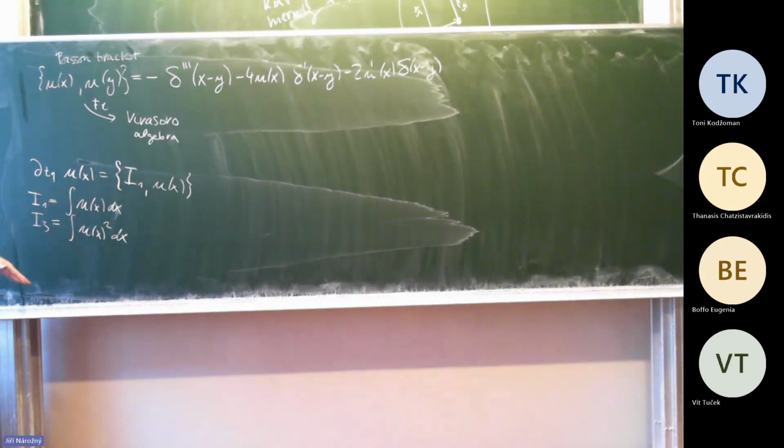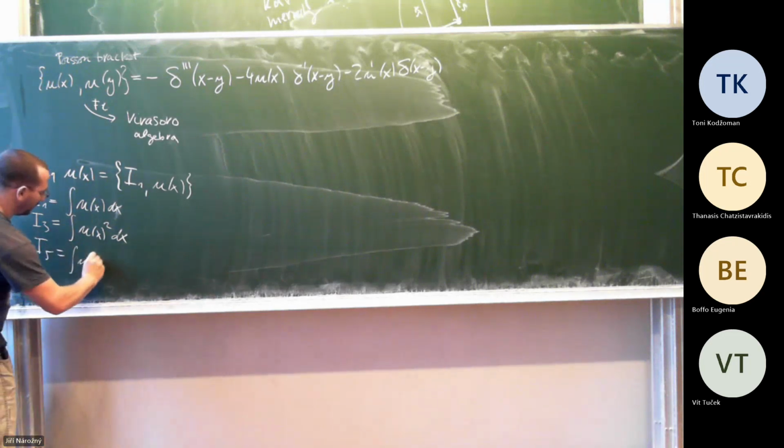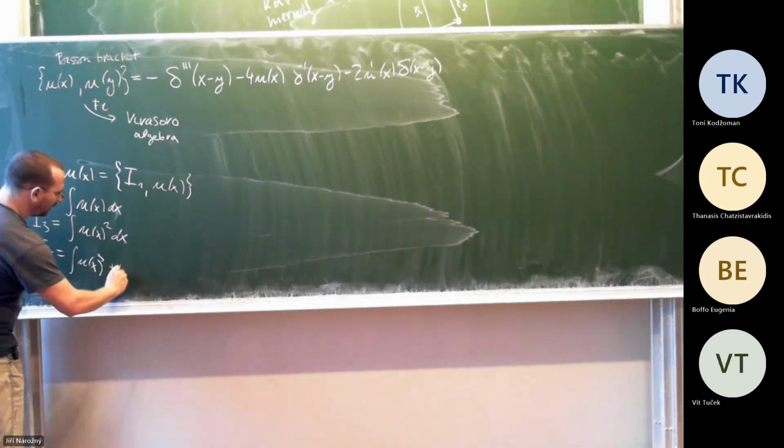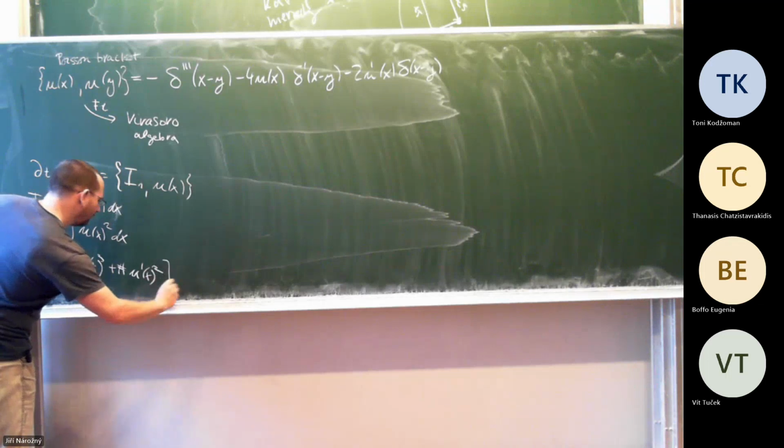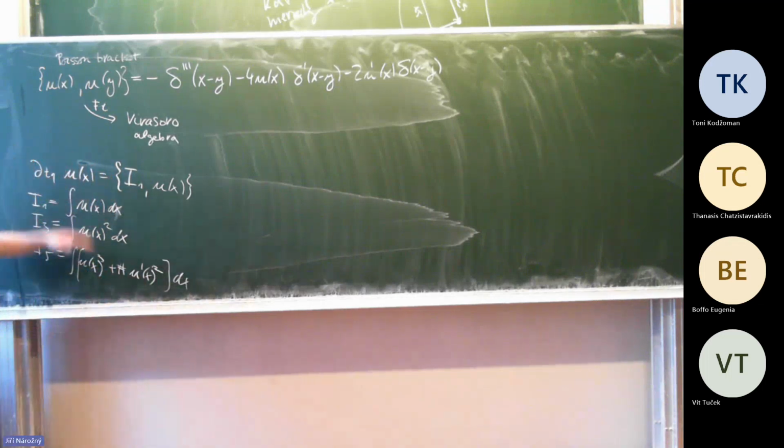In the classical limit, where you don't need to worry about the square of the thing, we really have well-defined functions. You can just look for the commuting Hamiltonians, and for every term you assign degree 2 to u and degree 1 to the derivative.